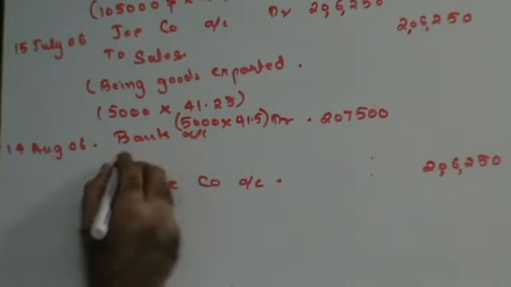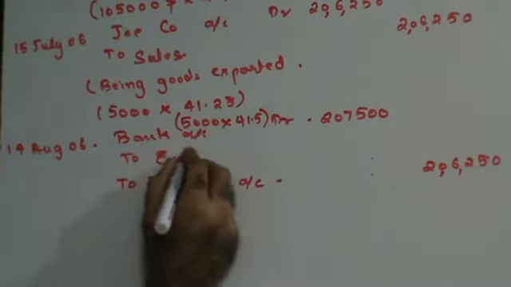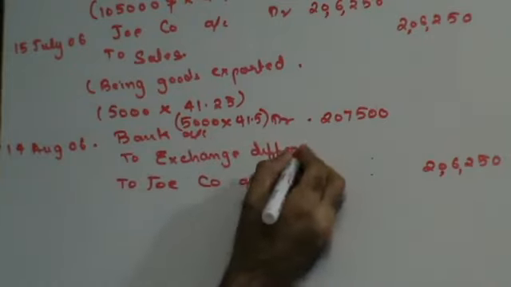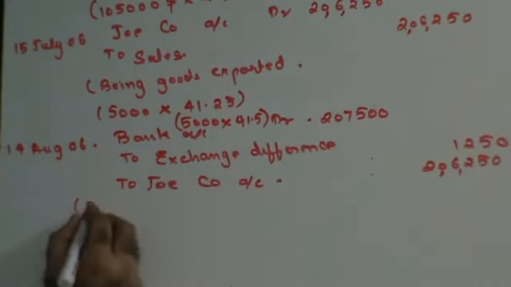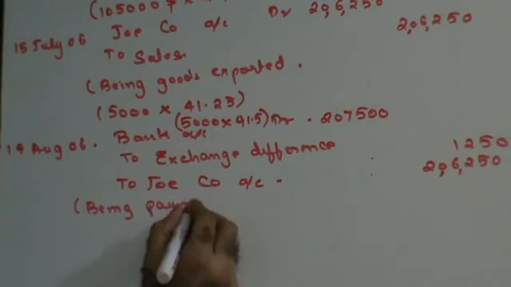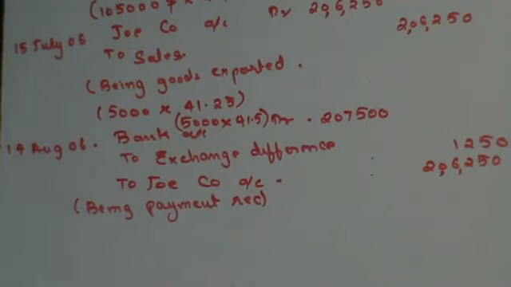The difference is going to be exchange difference, 1,250, being payment received. So you've received your payment from Joe and Company. Next, let's move on ahead.